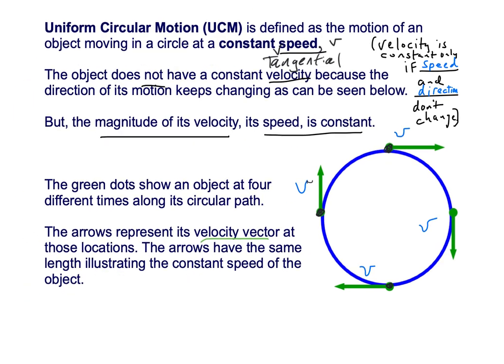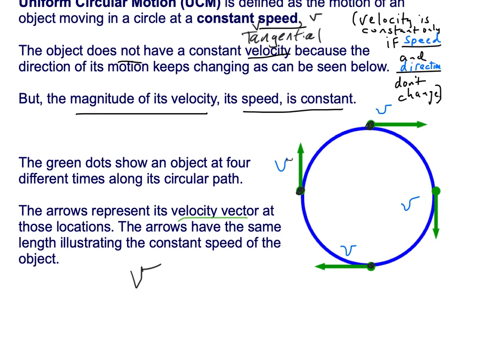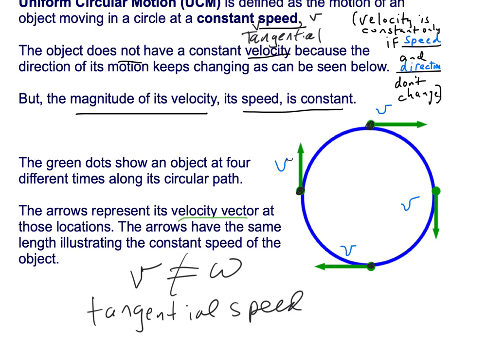Don't confuse tangential speed and angular speed. They're related. The bigger the angular speed, the bigger the tangential speed, but they're not the same thing. Tangential speed is like your speedometer reading. It's not the same thing as revs per second.